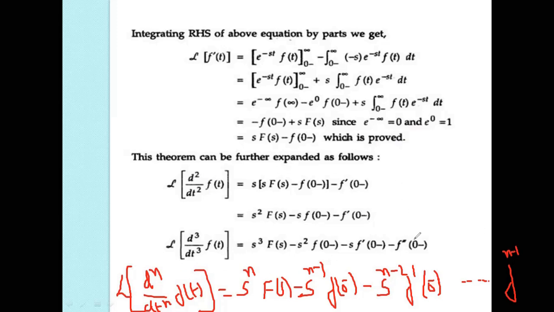It is the derivative d by dt for the nth derivative, d power n f, n minus 1 and the 0 minus. Got it, my students? So like that we will get the nth derivative also.